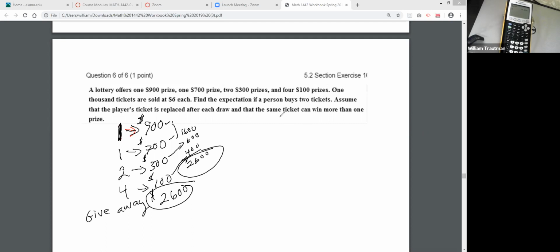1,000 tickets are sold, and each ticket costs $6. So we have $6,000 we're going to bring in, right? And the lottery is going to bring in $6,000. It's going to give away $2,600. In other words, how much money do they make overall?